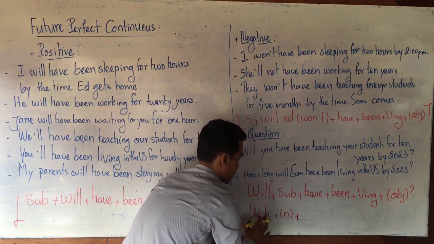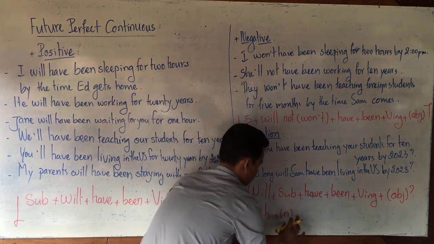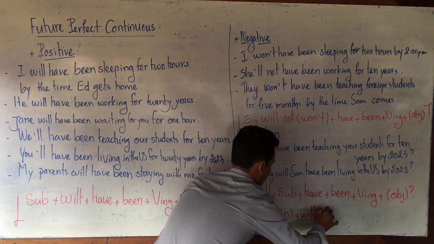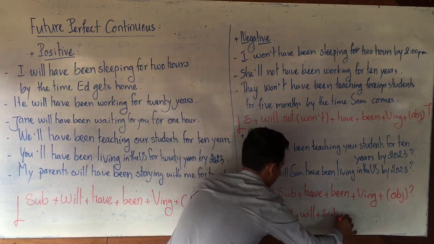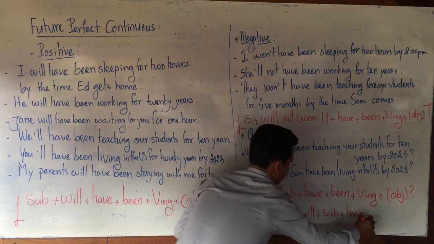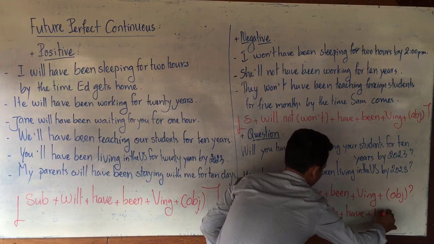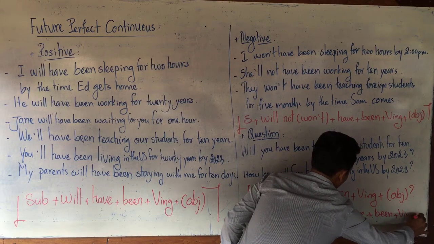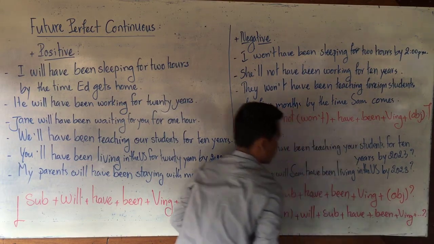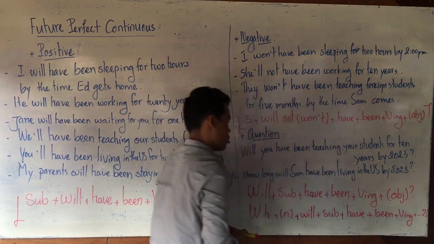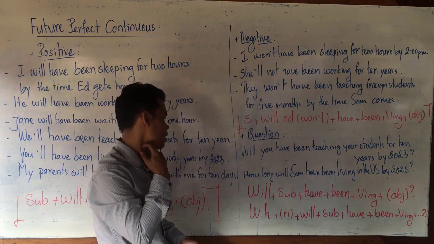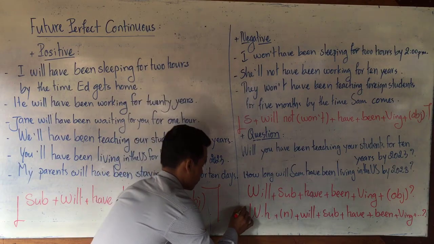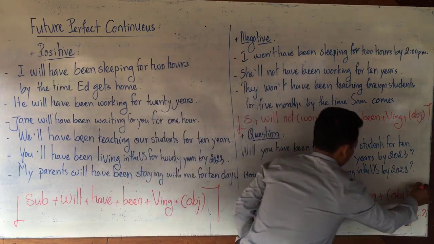It means that some WH words have a noun or need a noun, some don't need a noun. Will, subject, have, been, verb-ing. For the information question, I don't want to write object in brackets because some students might get confused with this one, especially EFL learners. They might get confused, so I use only blah blah blah.